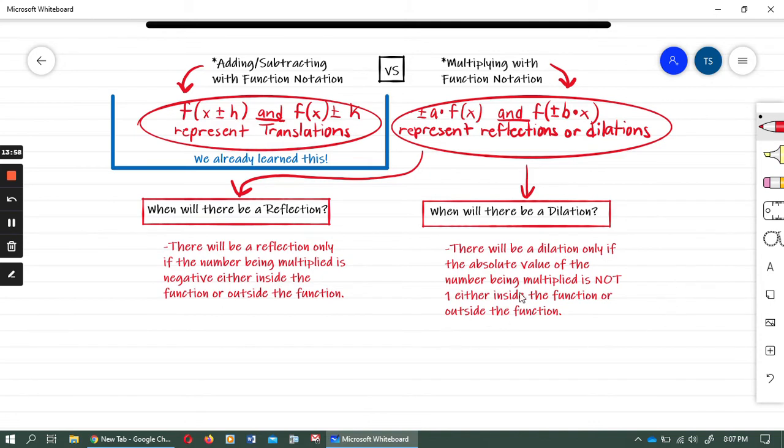For those who are still confused, think of it like this: regardless of whether you have a positive or negative number, the number that's there cannot be a 1. It can be any other number, positive or negative, but it cannot be 1. That's what I mean.